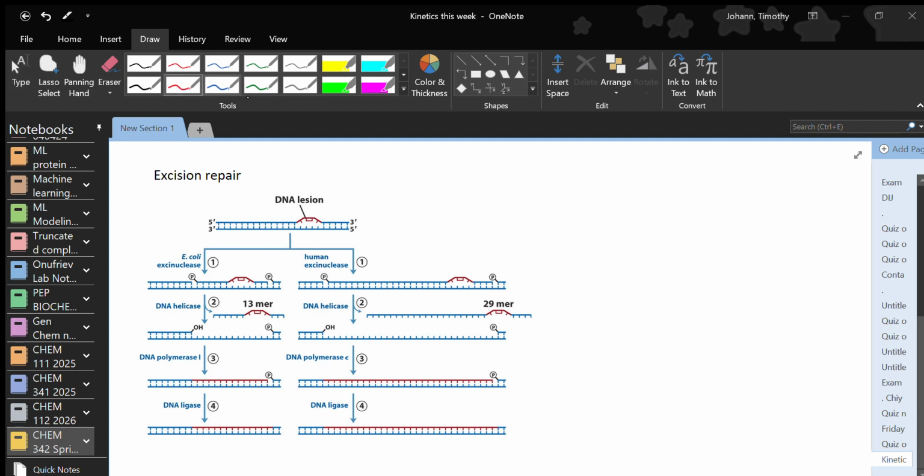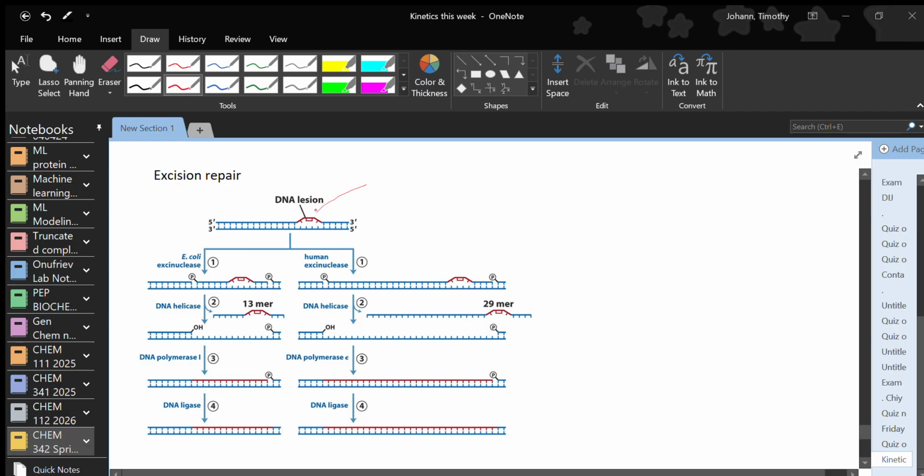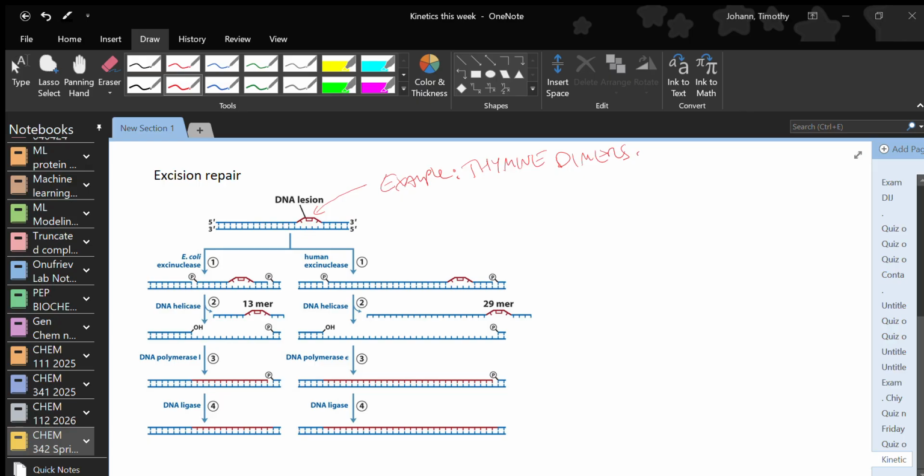This in particular, something that happens often that's caused by light, is what's called thymine dimers. So let's do example thymine dimers. What thymine dimers are is you have two thymines stacked, and if you get hit with light correctly, you actually end up with them covalently bonding to each other.